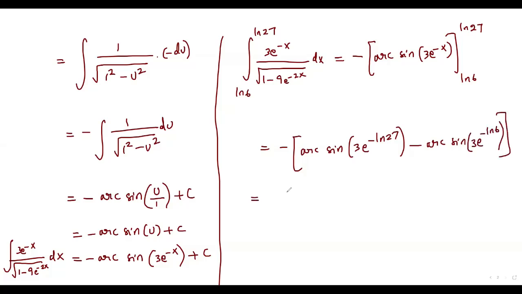Now we can distribute this negative sign to both terms. What we get is negative arc sine of 3 times e to the power of negative ln 27, and negative times negative becomes positive arc sine of 3 times e to the power of negative ln 6. Now let me consider the power rule of logarithm.